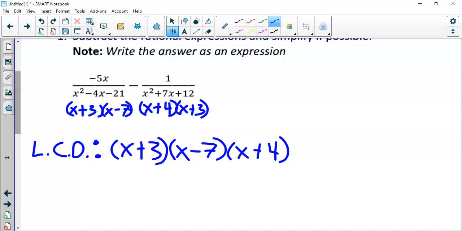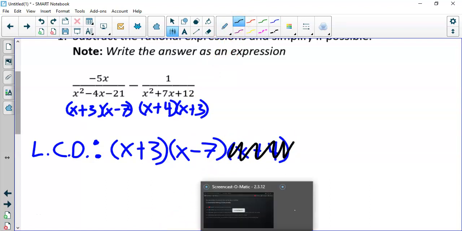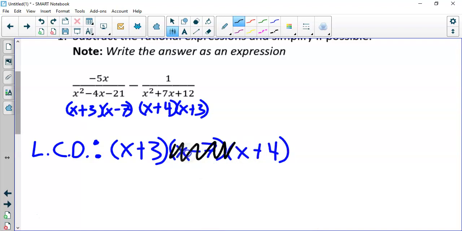If I cover up the x plus 4, there's my first denominator. If I cover up the x minus 7, there's my second denominator. Your LCD contains both denominators. So now you know the common denominator.